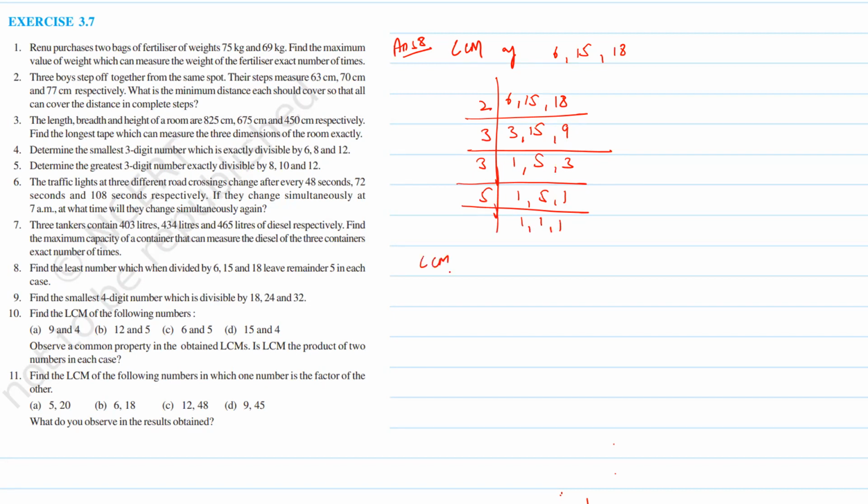So LCM is 2 into 3 into 3 into 5, which is 90. So the required number will be, you will add the remainder, 95. Okay.